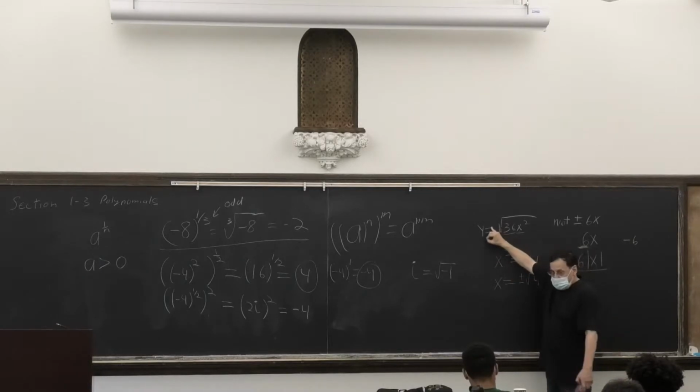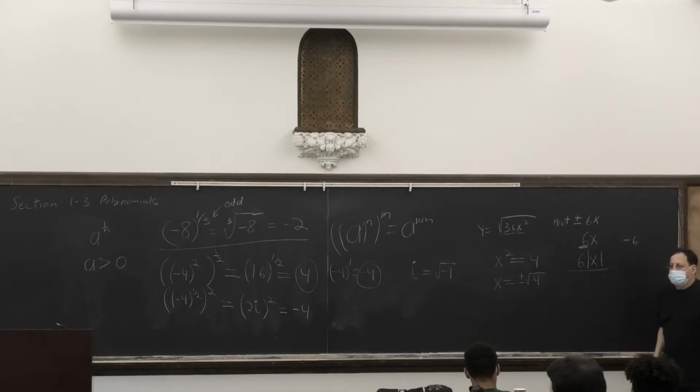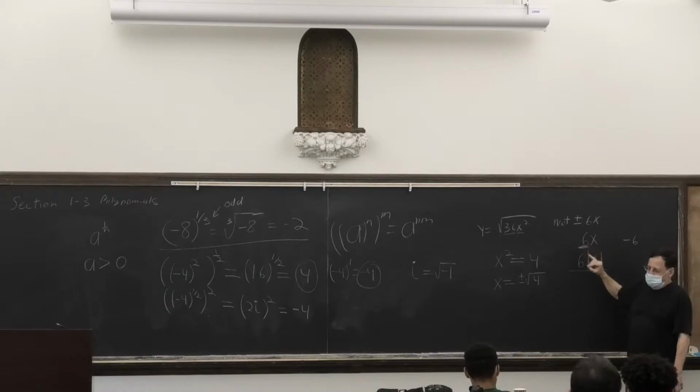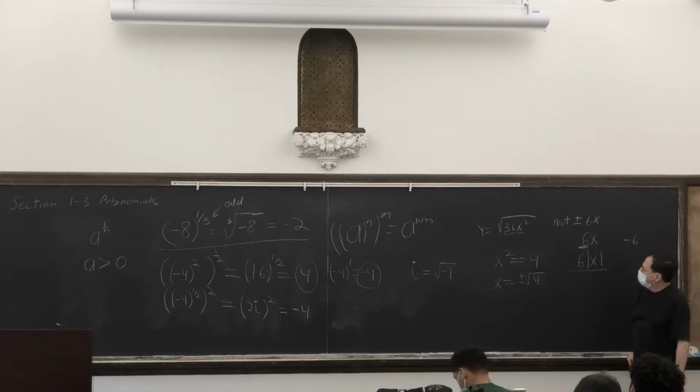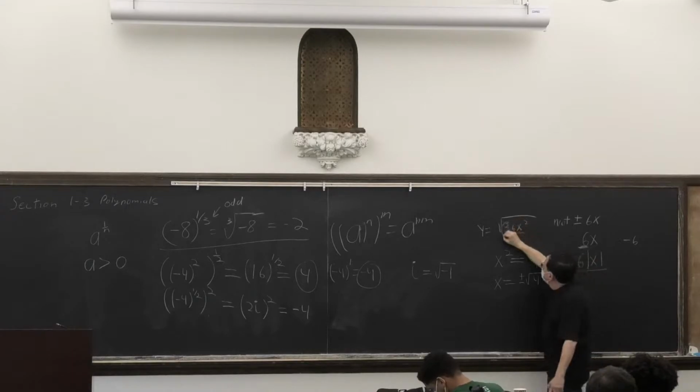The positive square root of this number is always positive. This is more a notation problem you have to think through than a complicated math thing. It's just the fact that this always means the positive square root of whatever's in here.